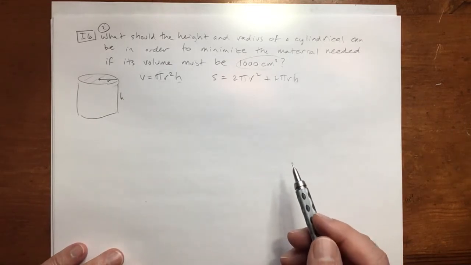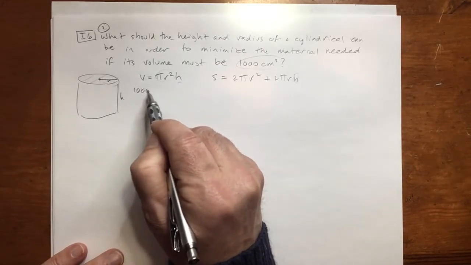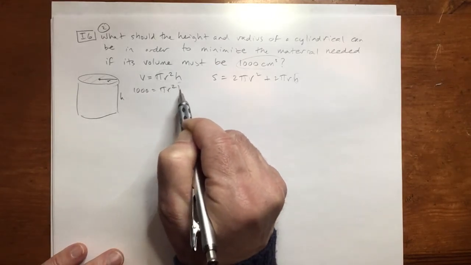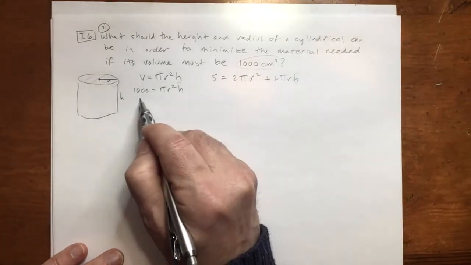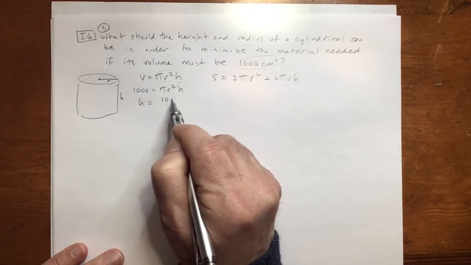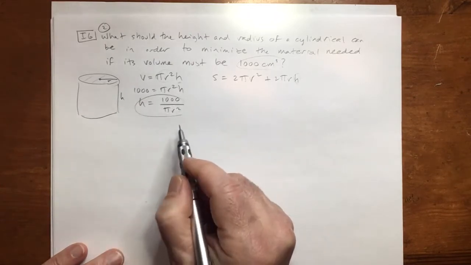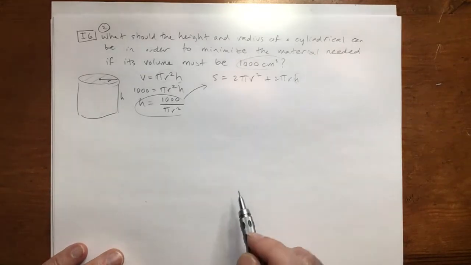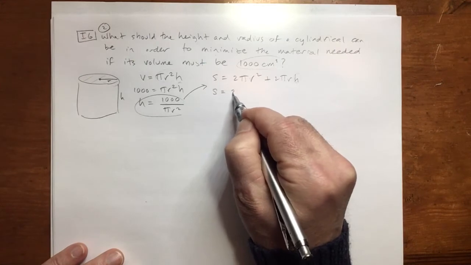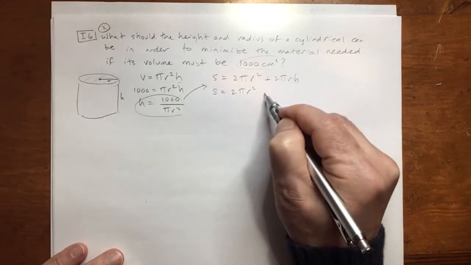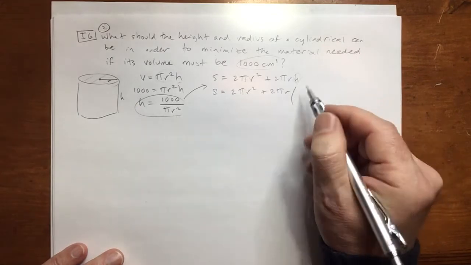To do that, I'm going to go back to this equation. I know that my volume has to be 1,000. I can solve this for h and then substitute it right there. So h is 1,000 divided by pi r squared. So I can rewrite my surface area formula. It's 2 pi r squared plus 2 pi r times that.